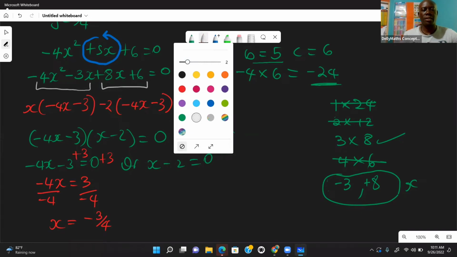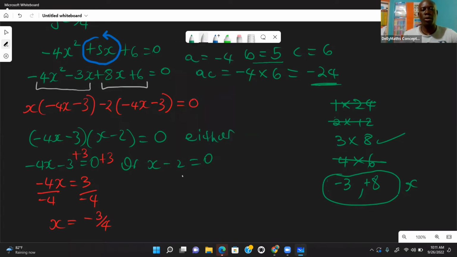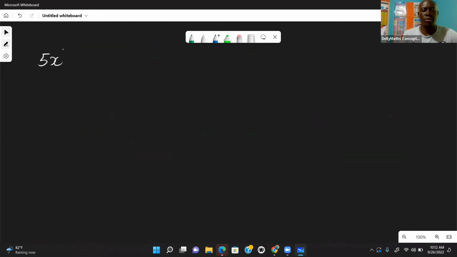So the other answer is as follows. What we're going to do is to add 2 to both sides. Then x is equal to 2. So my answers are that x is equal to 2, or x is equal to negative 3/4.